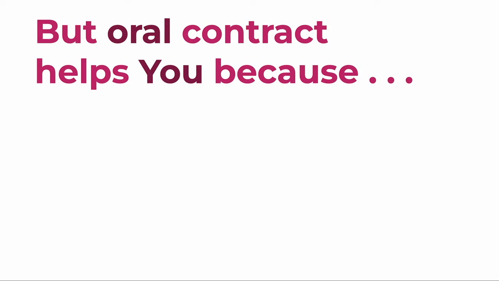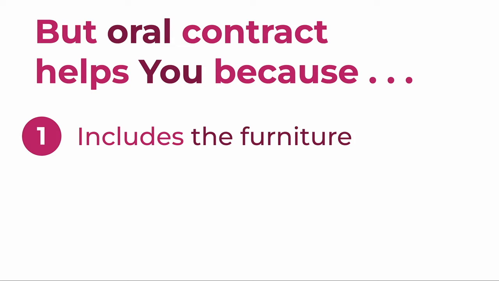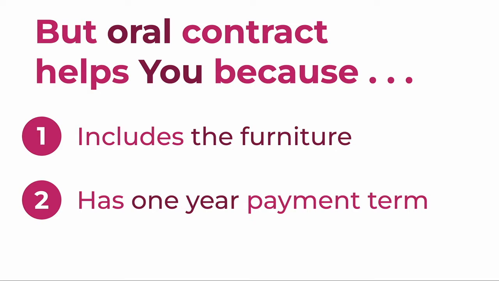But we have this oral agreement out there, and that obviously helps you because it includes the furniture which you want, because if you're going to use it as a hotel, you either want the furniture to come with it, or you've got a plan to pay for it. Obviously, that would be a large expense in addition to buying the hotel itself.